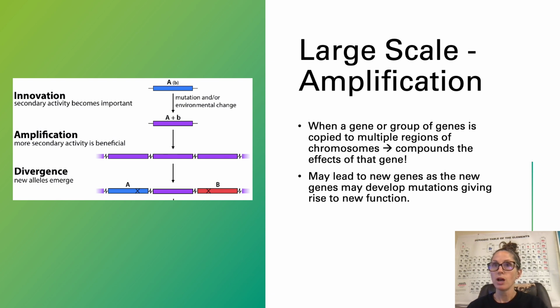So if you have an entire gene with its promoter in multiple spots in that cell, and they're all getting turned on, they're all working, then you can almost imagine it being like times 3 the production. Or let's use the word double. So a gene is copied and it's somewhere else and it has its promoter and it's all intact, then you're getting twice as much production of something that potentially you don't need.